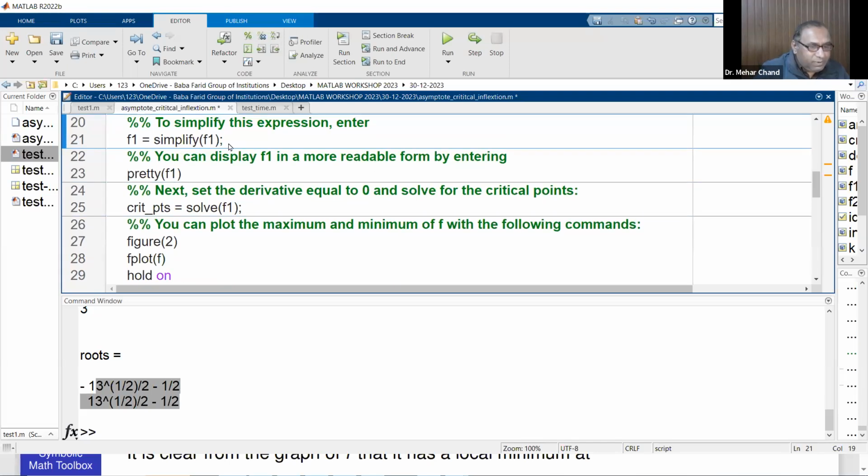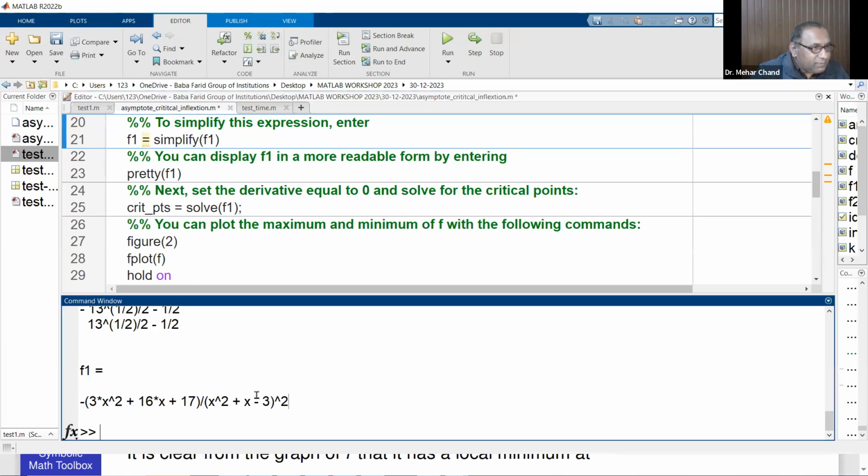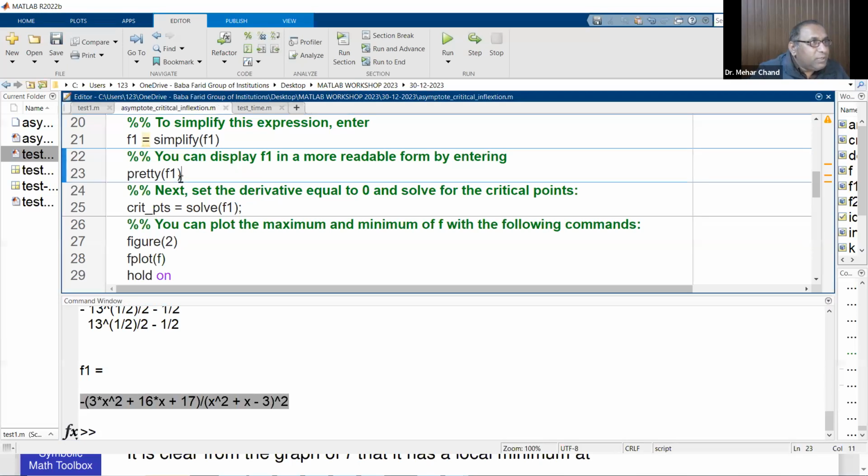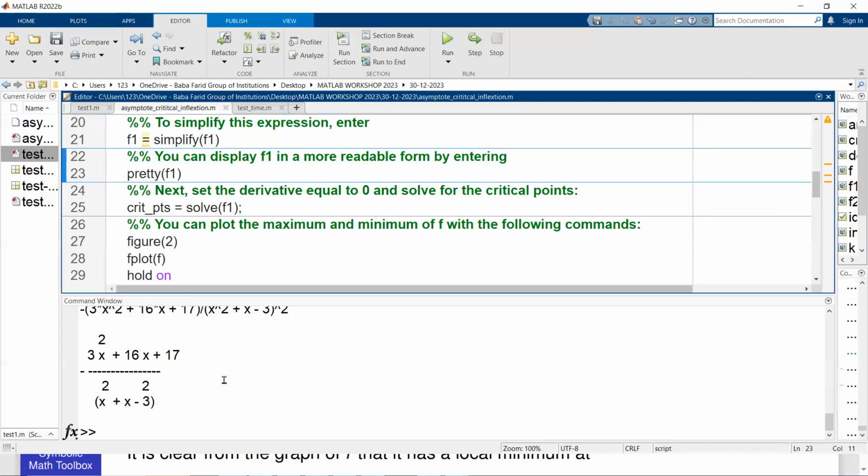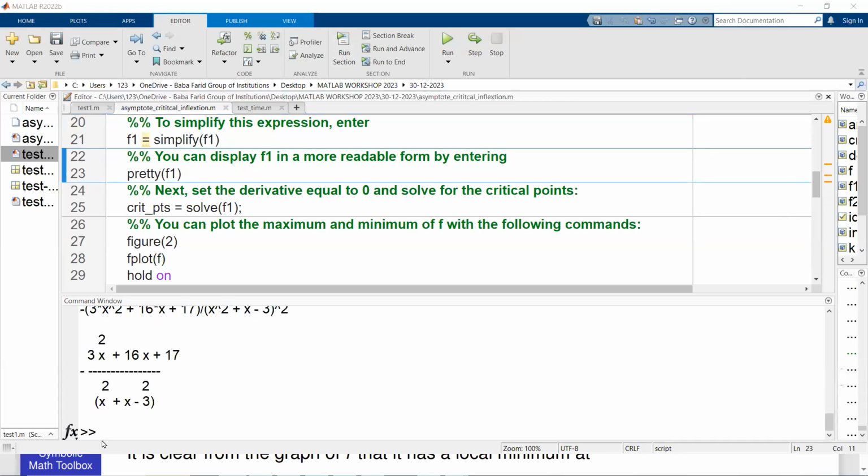Here is simplify; first run this statement. Yes, this is the same value you can see. When you use the pretty function and run this file, the expression is converted in this way: minus 3x square plus 16x plus 17 upon (x square plus x minus 3) whole square, as I showed you in the PPT.